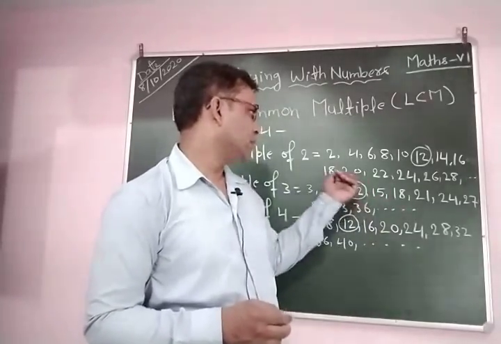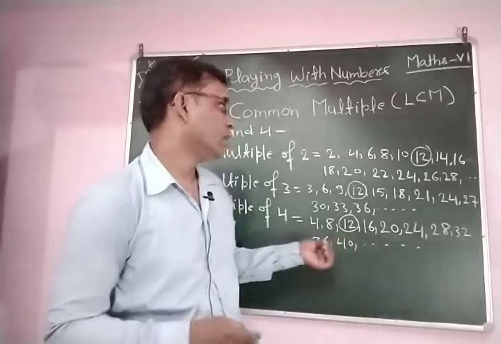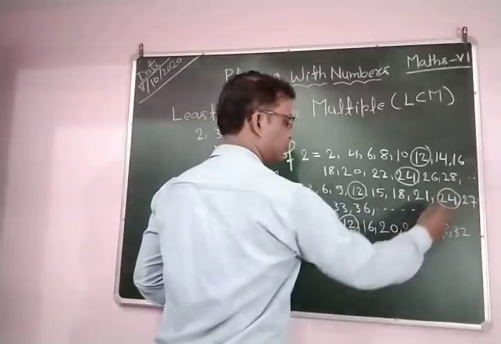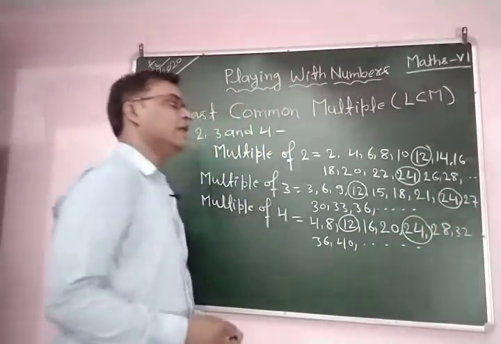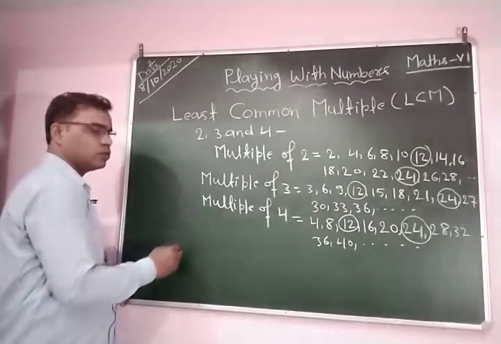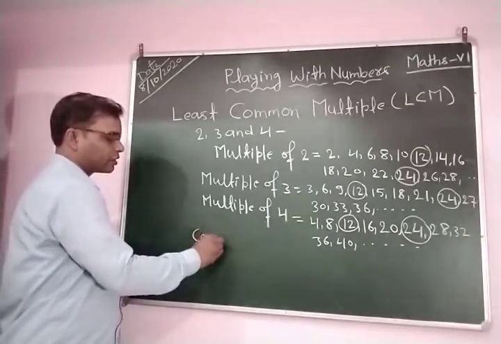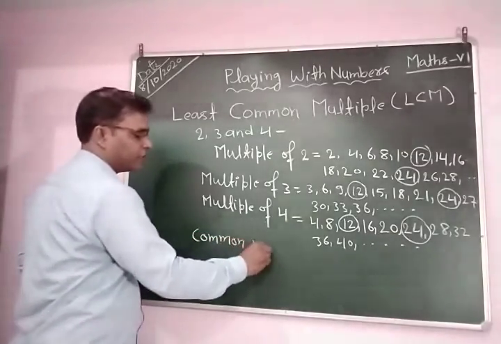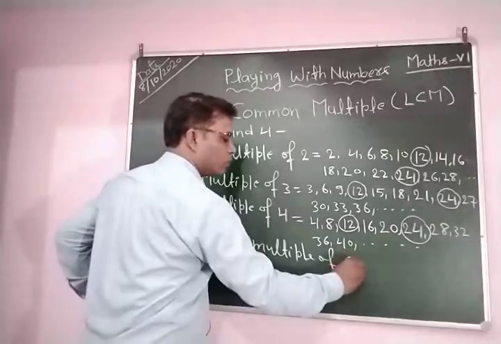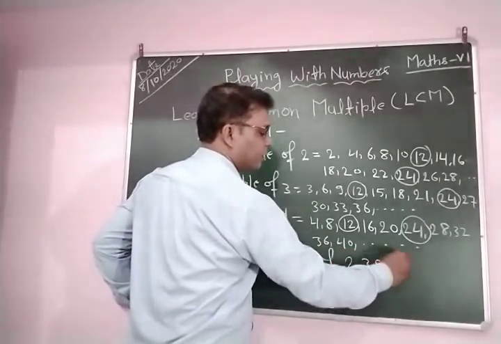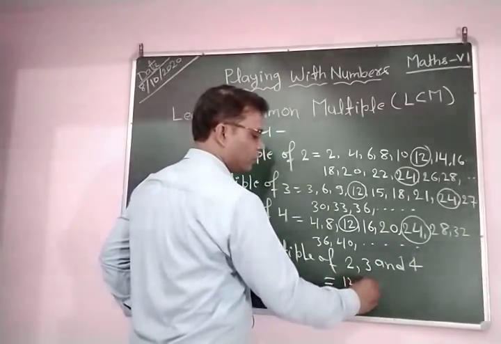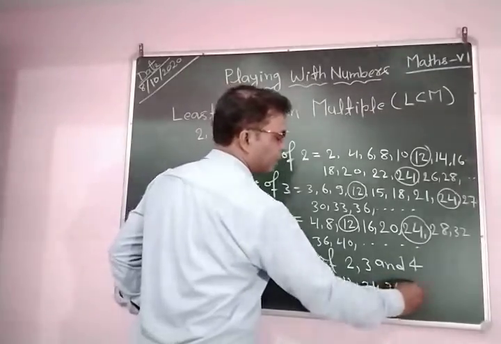Next, the common multiples are 24 and then 36. So the common multiples of 2, 3 and 4 are 12, 24, 36 and so on.